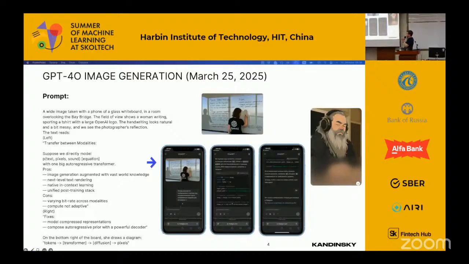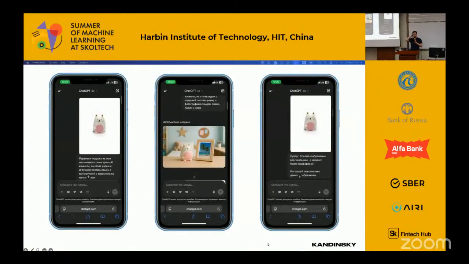The neural network writes text on the picture, and shows good visual quality, text following and prompt following, and so on. Moreover, we can edit the image using just one model, not only generate but edit too. For example, you may give an initial image and ask to change it, add some background, for example a photo in a cozy home style.